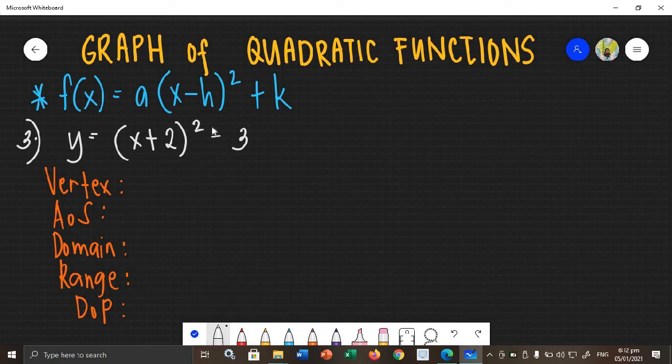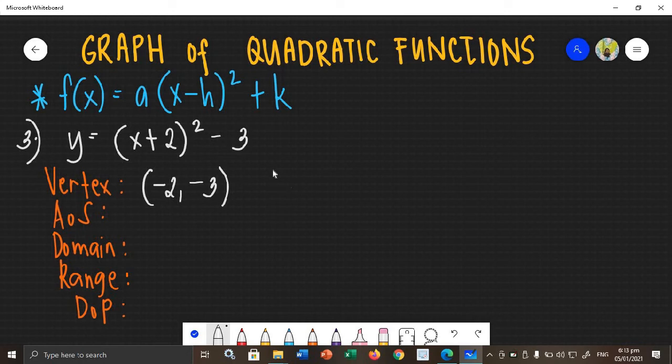In this form of quadratic function, the vertex is according to the values of h and k. But there is a condition for h. It should be the reverse sign of h. In this case, our h, as you can see, is positive 2, so we will write negative 2. And the value of k, we will follow the sign of the given, so we have negative 3.